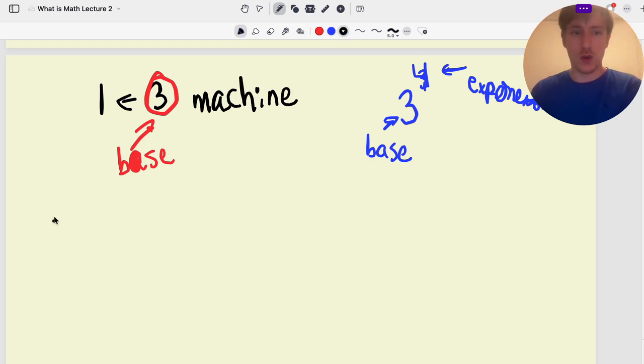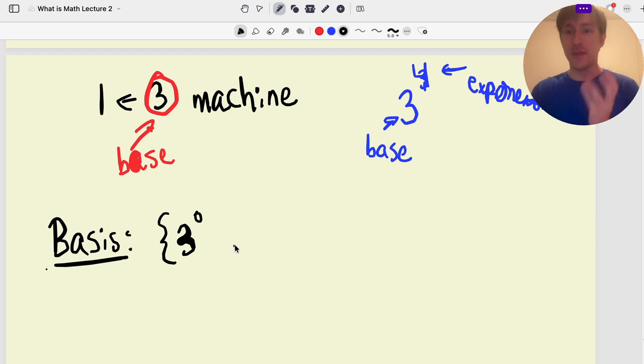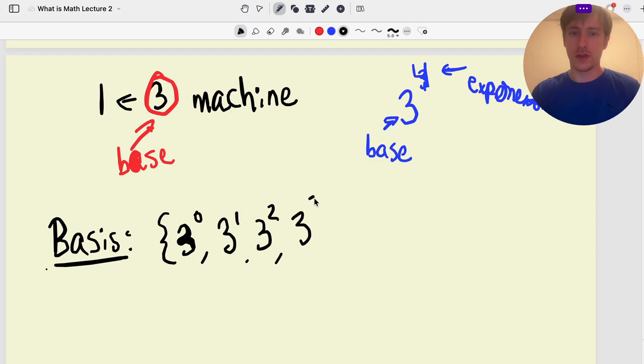Now, here's what I'm going to define for you. I'm going to define something called a basis. And a basis is going to be an infinite set. However, it's going to be somewhat of an interesting infinite set. It's going to consist of the base being raised to every single natural number power, and yes, I am including zero in the natural numbers. So it's going to be 3 to the 0, 3 to the first, 3 squared, 3 to the third, and so on and so forth.